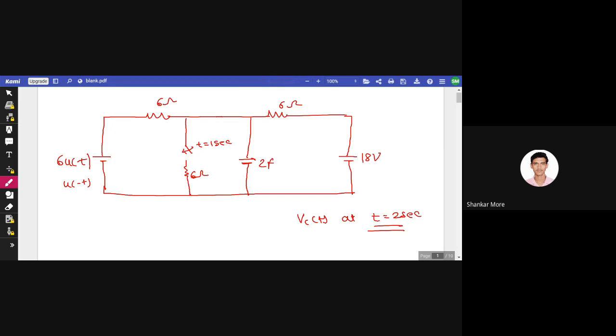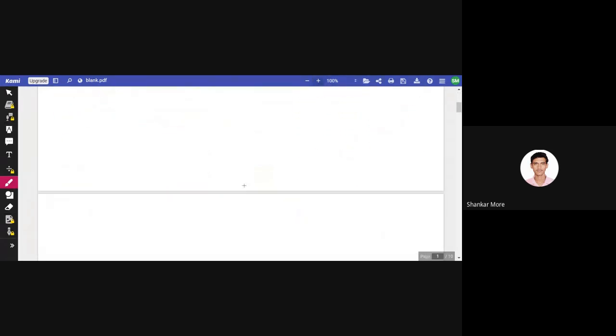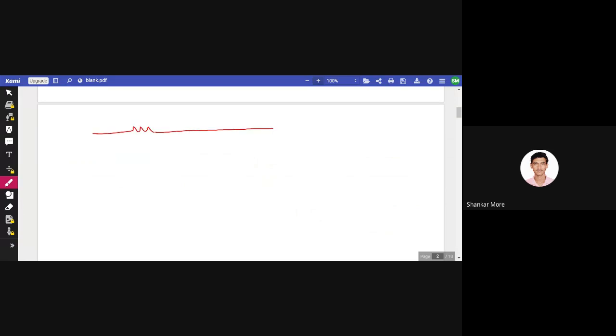So let me just draw the new circuit. How will it look? This resistance will be here as it is. This resistance will be here, and this voltage source will not be there. This voltage source is going nowhere.